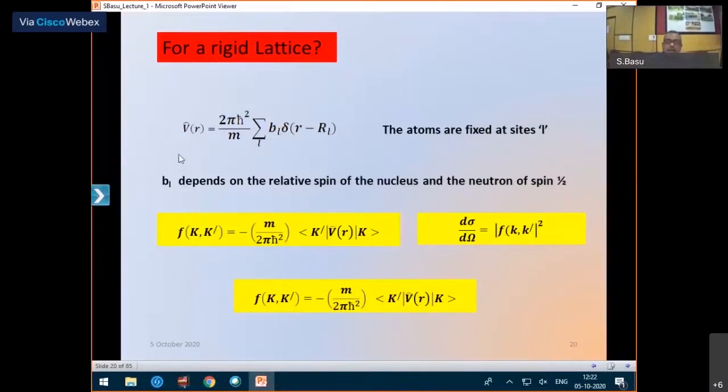Now, these atoms are sitting rigidly at sites L, but this part I'll be tackling in the next lecture. Today I have just given you the first part of the formalism for a single lattice point, and in the next lecture I'll be dealing with what I get for a rigid lattice for a neutron of wave vector k.